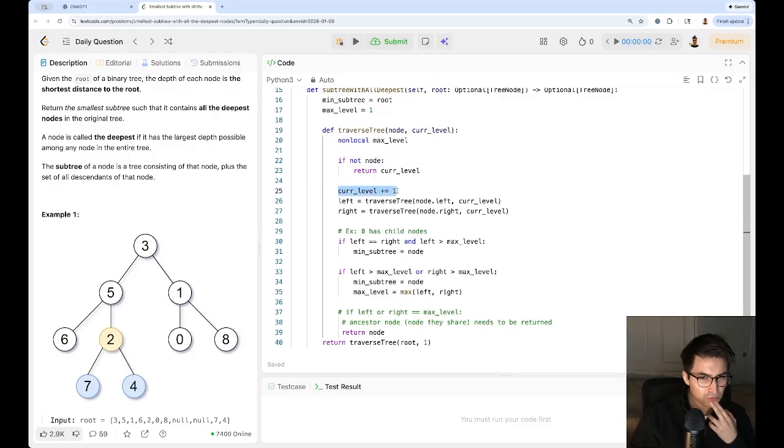And then cur level is... cur level isn't even really being used. No, it's being used right here. So that is updating.